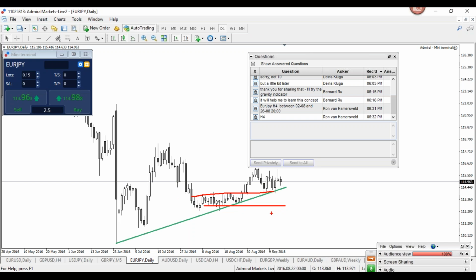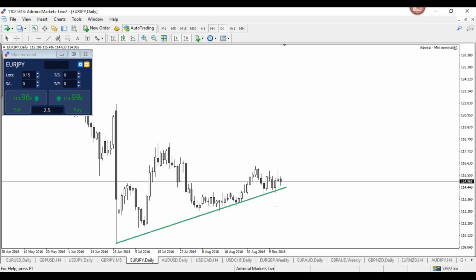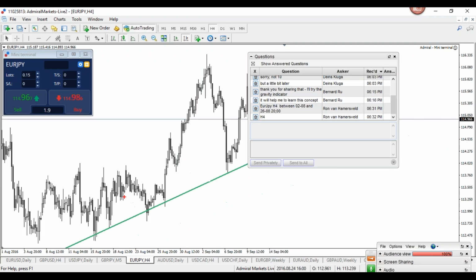Oh, 4-hour chart. Okay, that's something different. Let's take a look. Yeah, we do have momentum here, and then price going sideways like this. Now, the momentum is a bit small. I like to see price respecting the 23.6 fib, and here it retraced pretty deep.